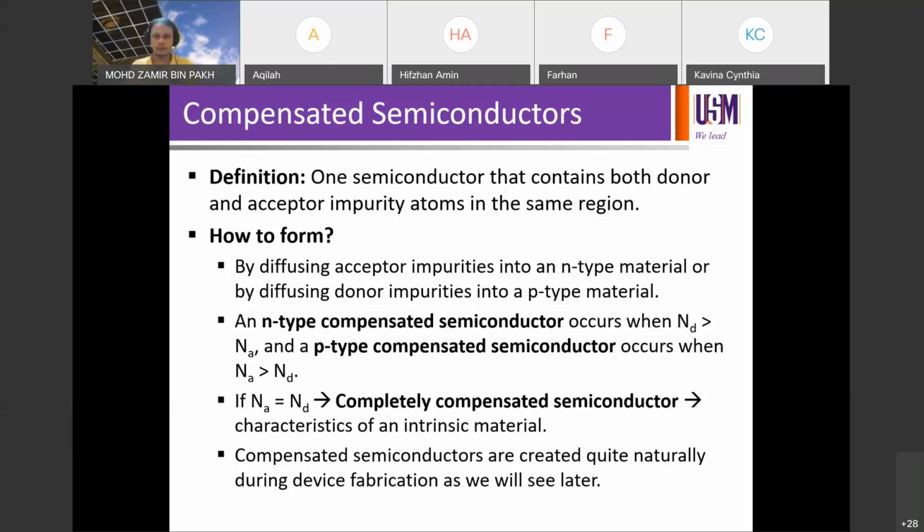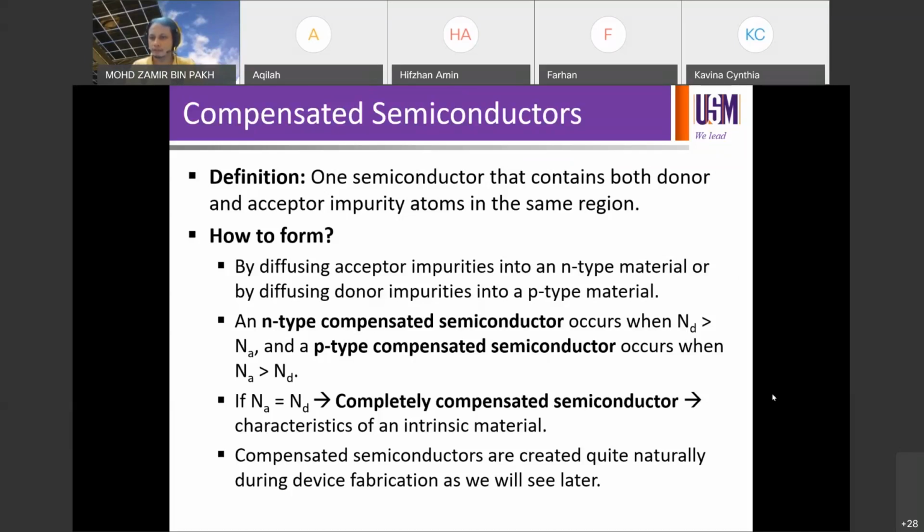Anyone? Let's warm up a bit. Faris, high doping level. Okay, one keyword, high doping level.